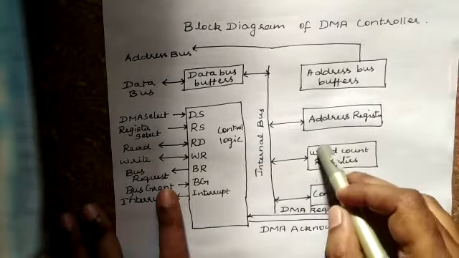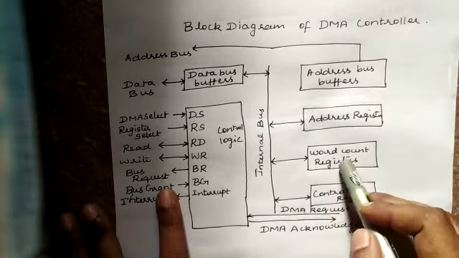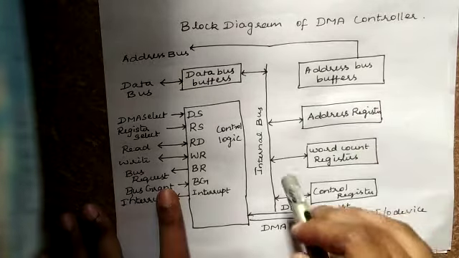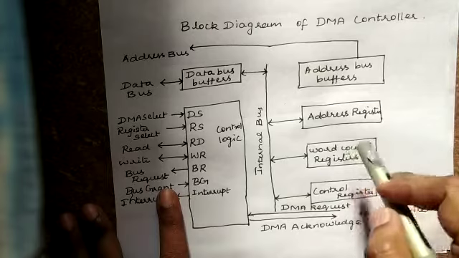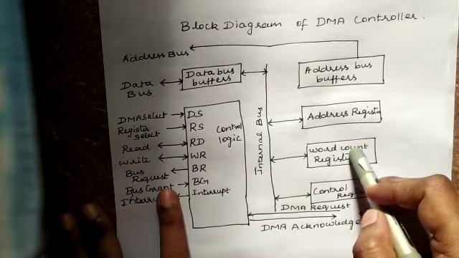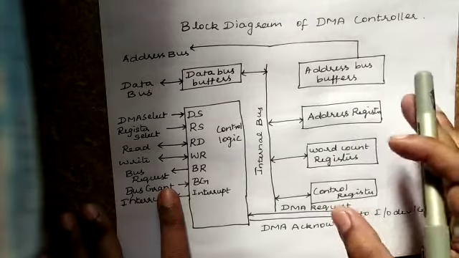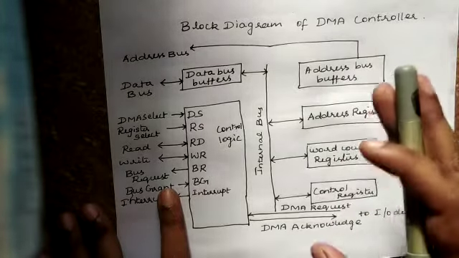So once one word has been transferred, the word count register is decremented. This transfer operation takes place until the word count register reaches 0.